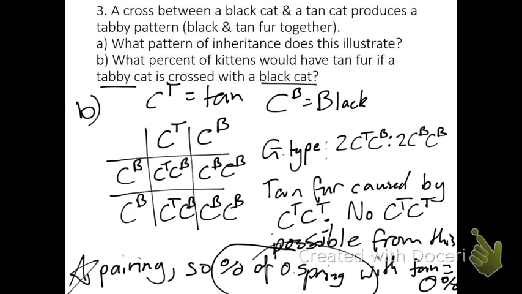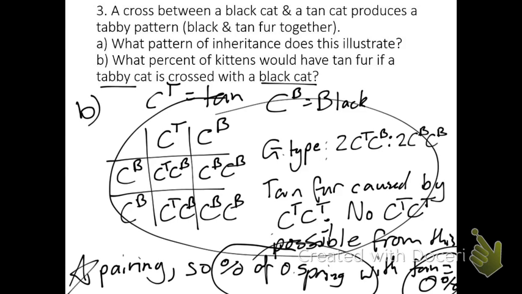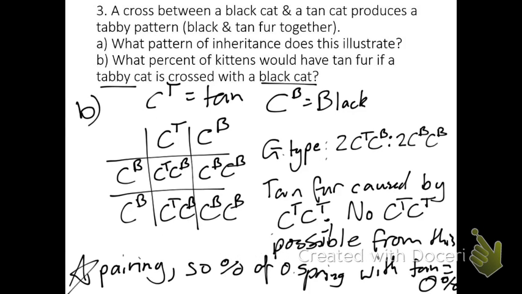Okay, it's down here, 0%. But if it's like an explain or state the percentage and justify your decision or anything like that, or if it's worth 2 or 3 points, you want to start incorporating more of this working out and a longer explanation. Okay, so I hope that clarifies some things about incomplete and codominance.